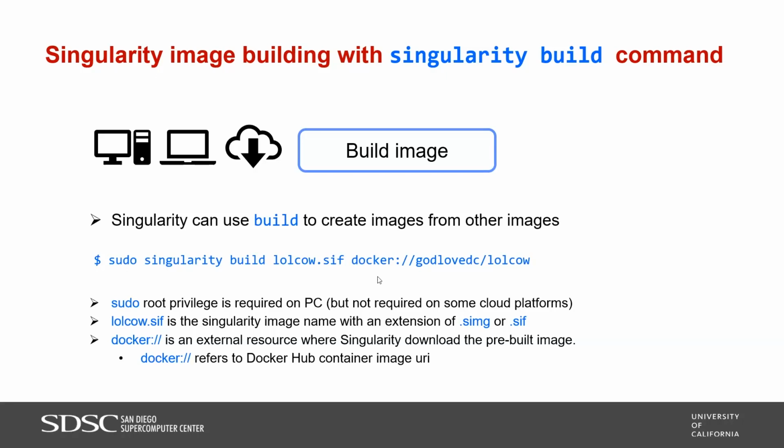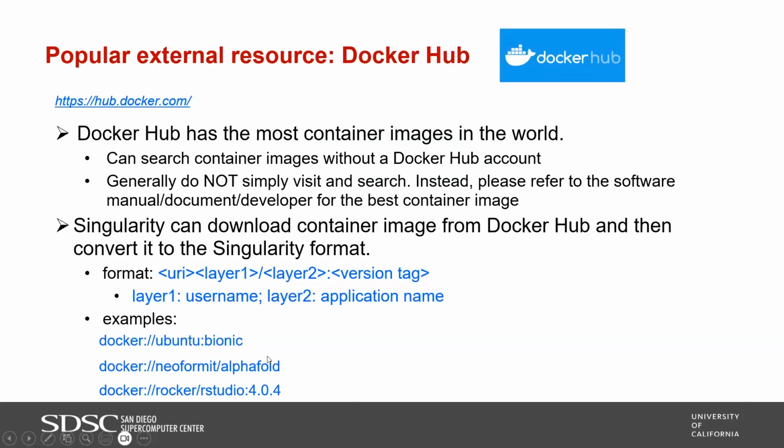At the end of this command, it begins with docker://. It's the external resource where Singularity should download pre-built images. So in this example, Singularity is trying to download some external resources from Docker, and then build and transfer it to a Singularity image. That might be the most common resource you will use when building Singularity images. And here docker refers to Docker Hub, and I will mention this next.